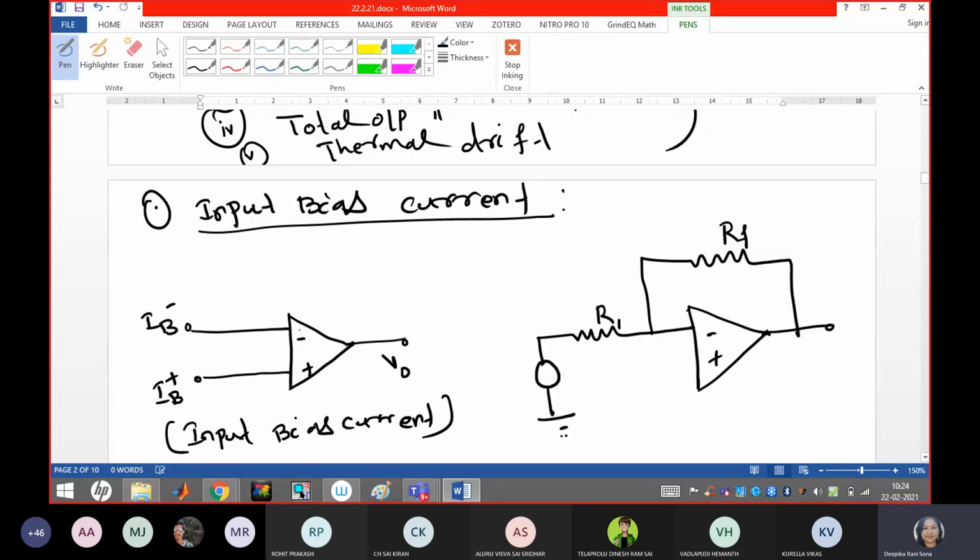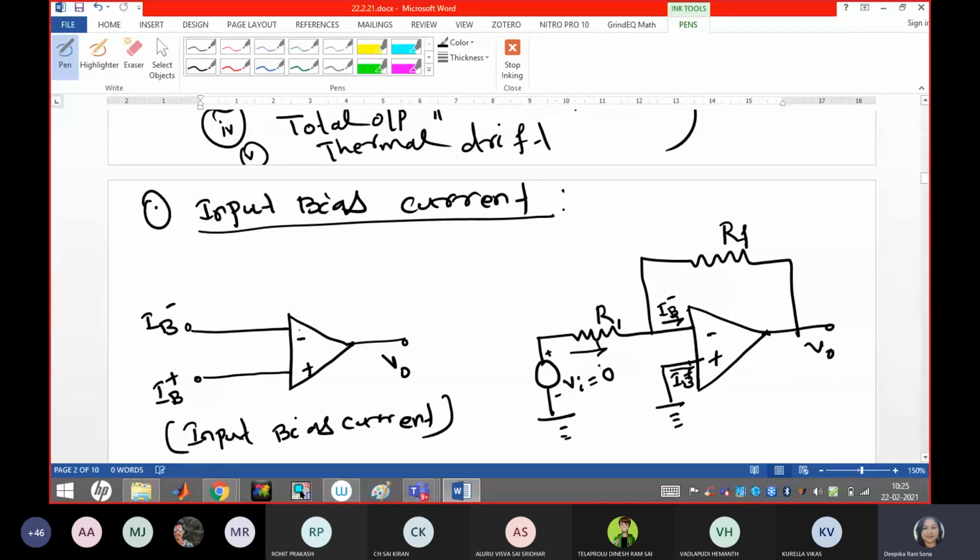Suppose this is the applied input voltage VI and it is 0 volt, and this terminal make it ground, and here this is IB plus, this is IB minus. Okay, and this is our V0 terminal.